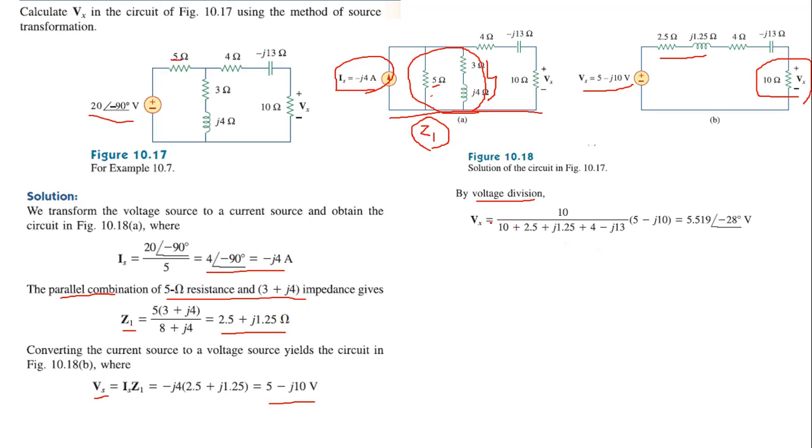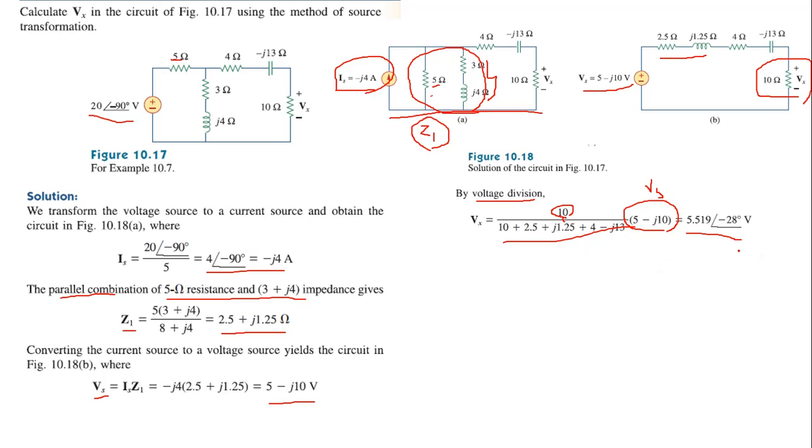Vx is equal to the impedance across which we want the voltage, here 10 ohms, divided by the sum of impedances. The sum of impedances is 2.5 plus J1.25 plus 4 minus J13 plus 10. This is the total impedance, multiplied by the source voltage Vs, whose value is 5 minus J10. So this is the value of the voltage across this 10 ohm resistor.